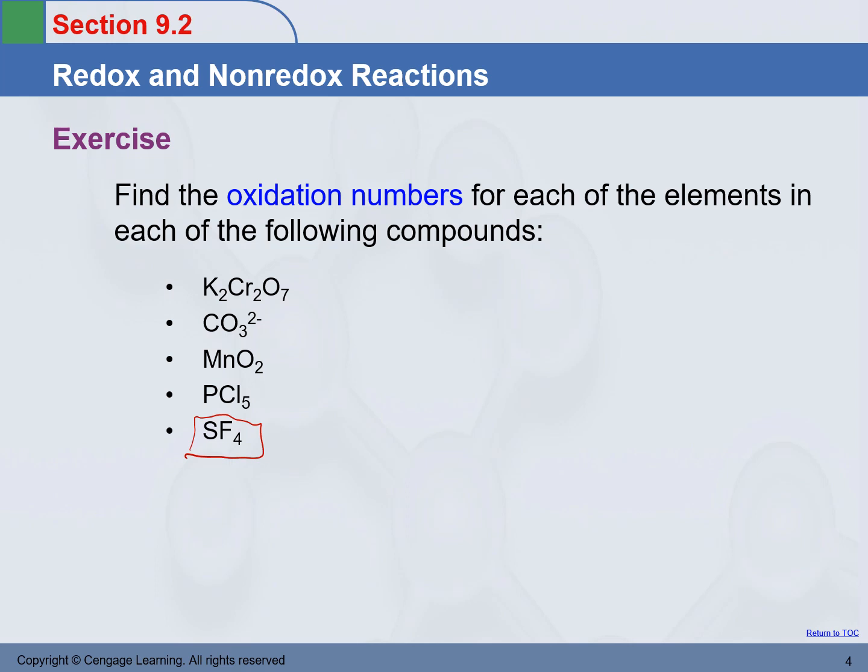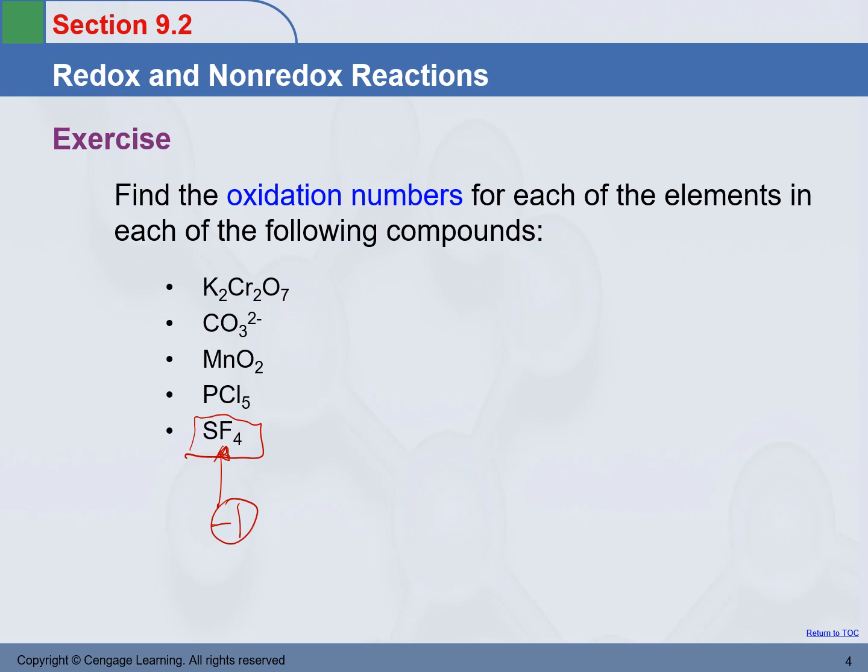In a binary covalent compound, the more electronegative element is assigned a negative number equal to its charge in an ionic compound. Fluorine again is in column 7A. In an ionic compound, fluorine will carry a 1 negative charge. Therefore, its oxidation number is -1. Are you guys following me? This is rule number 6 on the last slide.